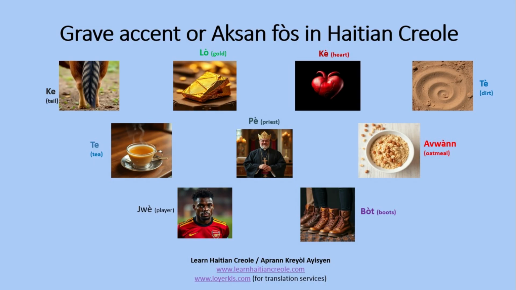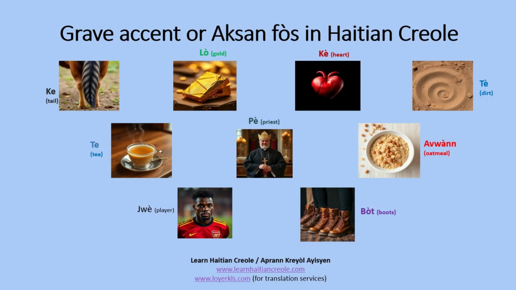And if you look at our cover, it's pretty self-explanatory. It pretty much tells you what picture you're looking at. And in some of them, you can see where the word changed because of the accent. For example, with K and Ke, the spelling is almost the same except for the accent, except K is the tail and then Ke is the heart.